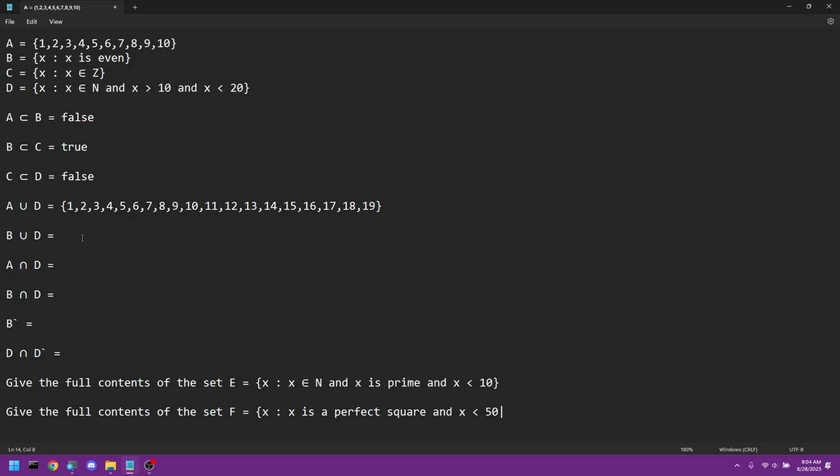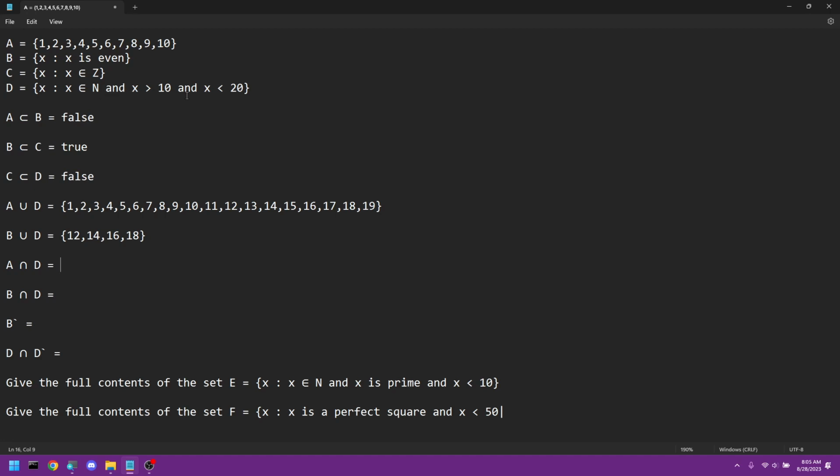The union now of B with D. This time around, we are looking at all even numbers between 11 and 19. So that's going to be 12, 14, 16, 18. Now, the intersection of A and D. A, again, 1 through 10.